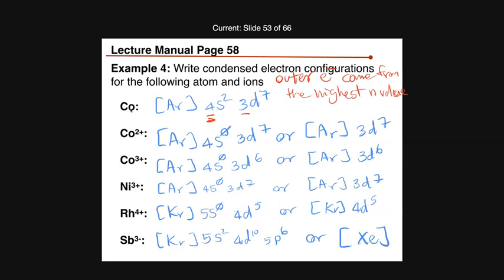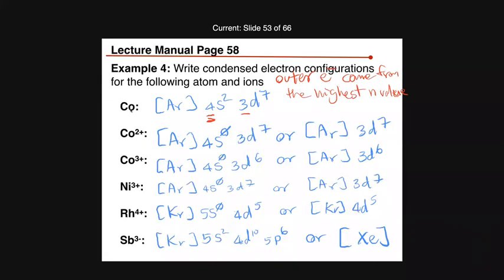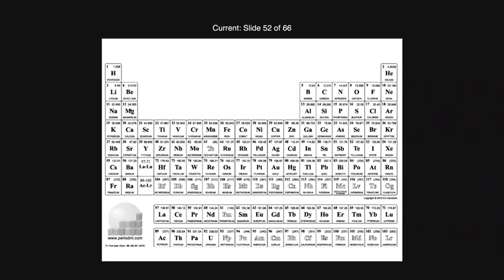Okay, so again, the reason why I know it's xenon is because if you're looking at 5p, if you go back to the periodic table, the 5p right here would equal xenon.